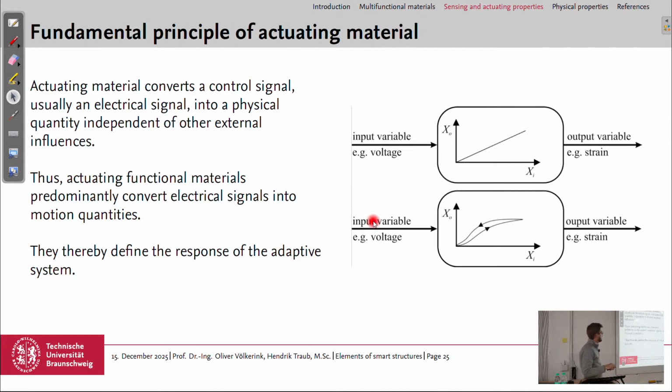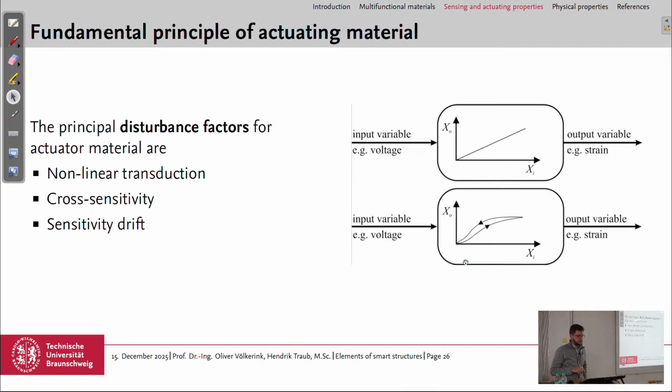So in here, again, the input variable now is a voltage, and the output variable would be, for example, a strain. And this is the behavior we'd like to have. In reality, we have more a behavior like this with a hysteresis and some other effects. And again, we have a non-linear transduction, cross-sensitivity, and also sensitivity drift, which are all disturbance factors.